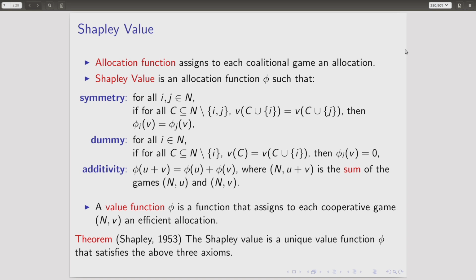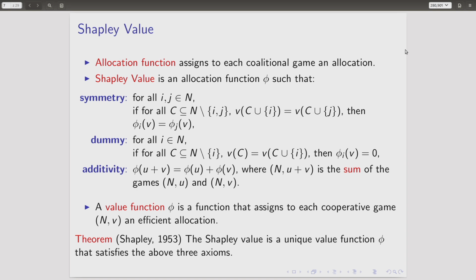So if you take such a sum of the games, then this distributes across this addition. So a value function is a function which associates with every game some way of gains, which for each game adds up to the value of the grand coalition.